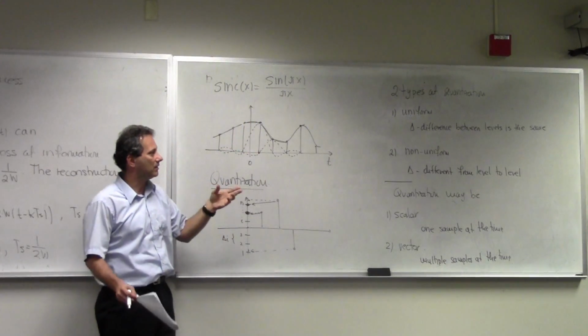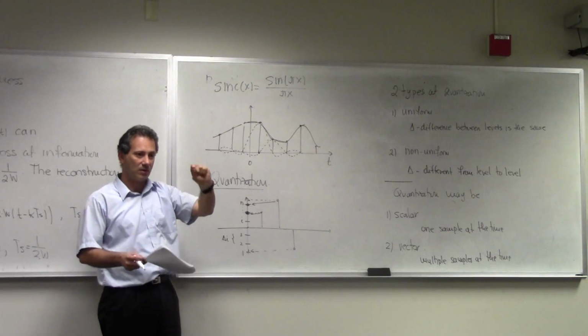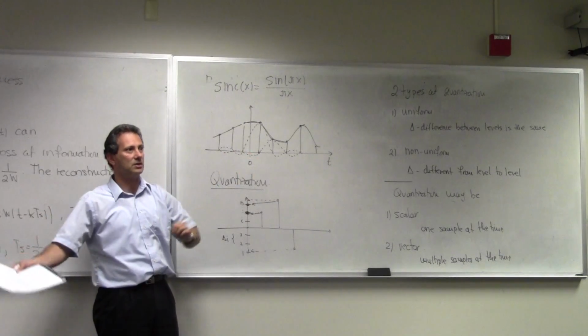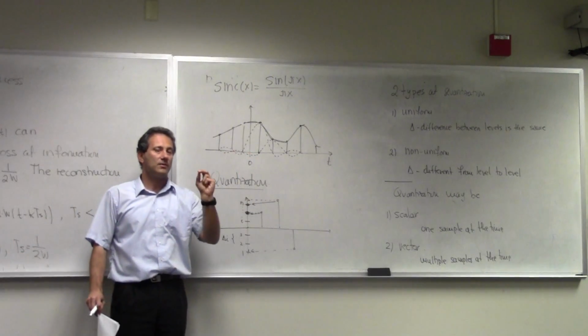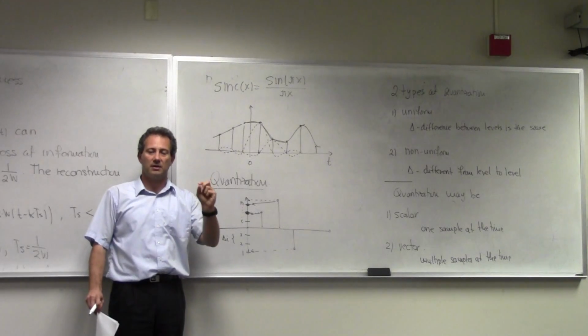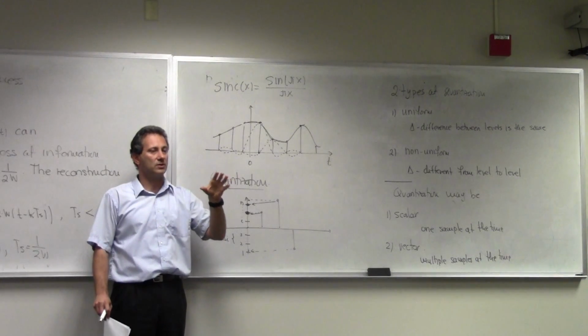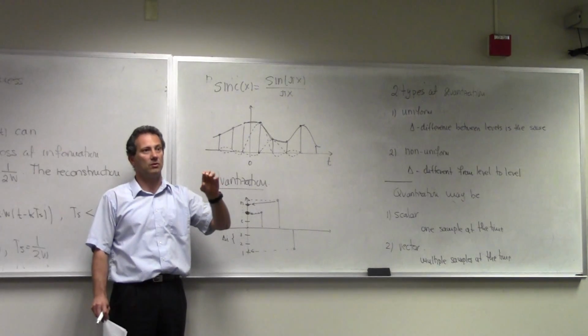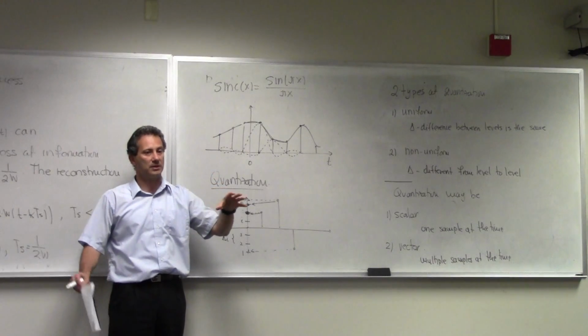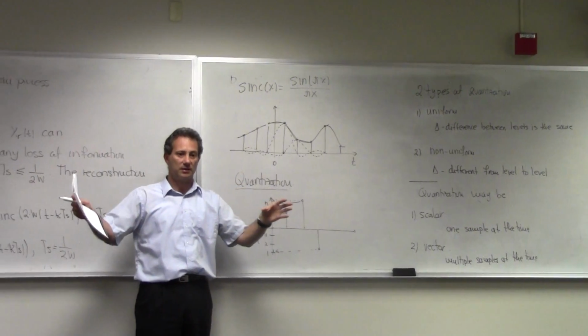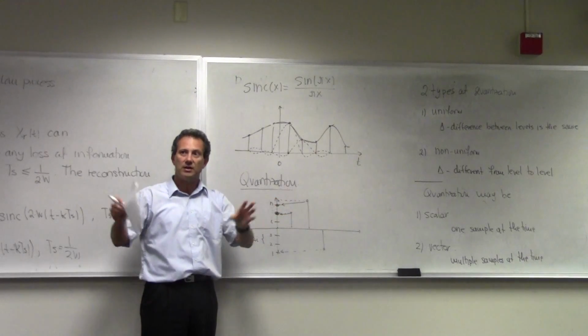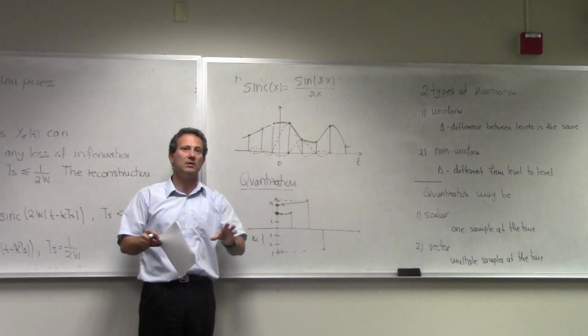Now, instead of quantizing one sample, I quantize a single vector. And this is done routinely in, for example, vocoders. All the systems that are processing voice signal that are concerned about shrinking the bit rate to the minimum possible.